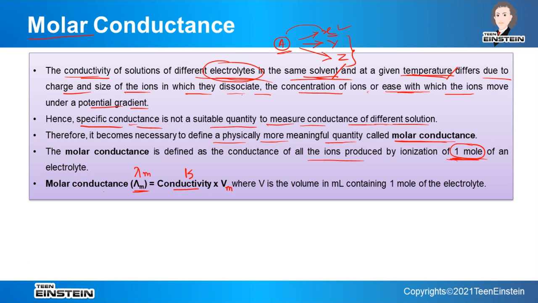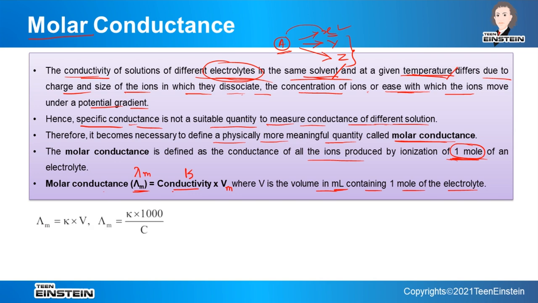You can also put a suffix m, because V is the volume in ml, remember it is in ml, which is containing 1 mole of the electrolyte. That is why it is molar volume, because it is that specific volume in which only 1 mole of the electrolyte is present. So this is the relationship between molar conductance and specific conductance or conductivity. So lambda m is equal to kappa into Vm.